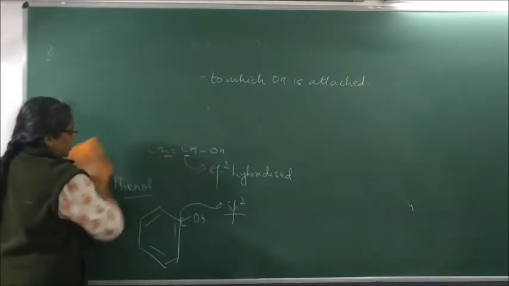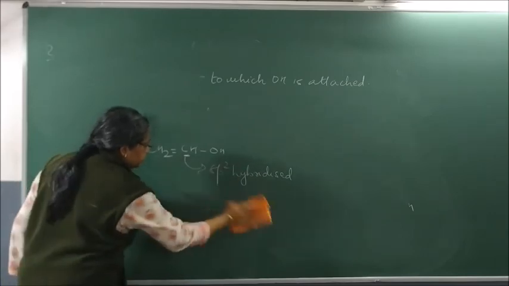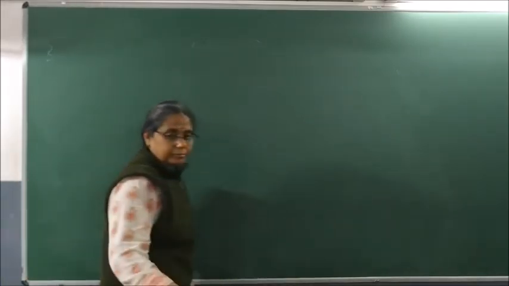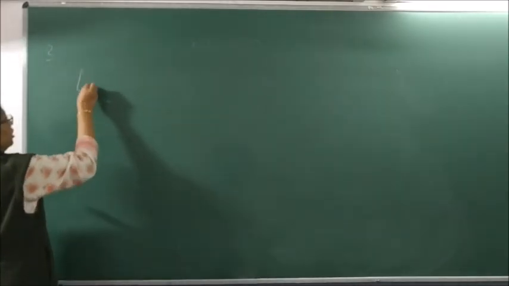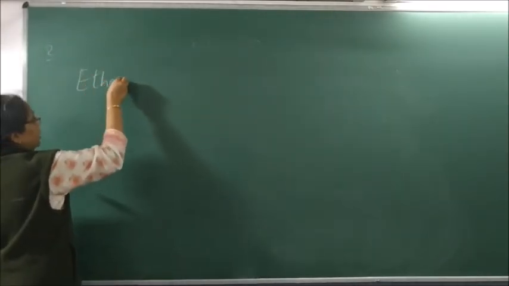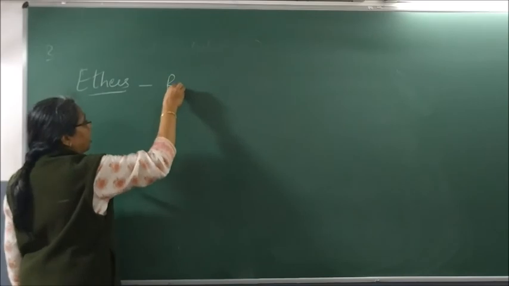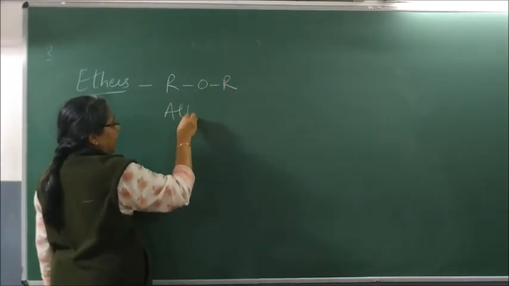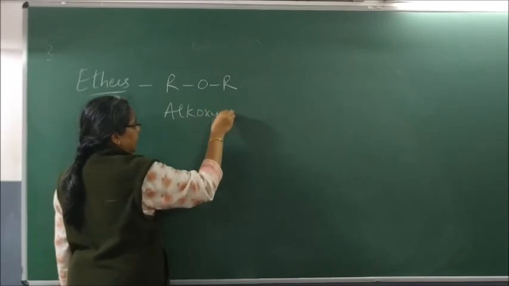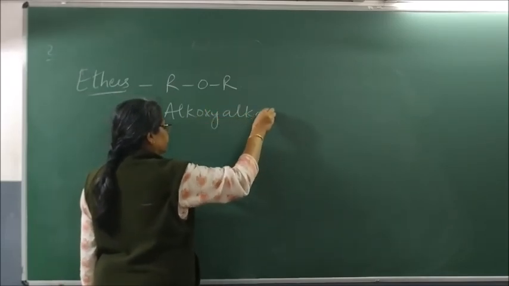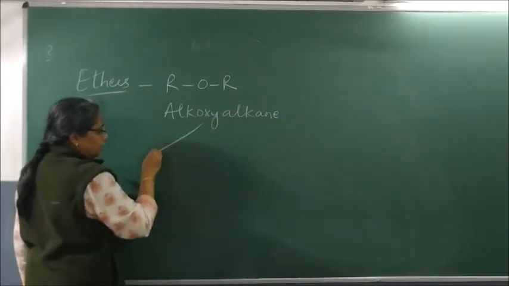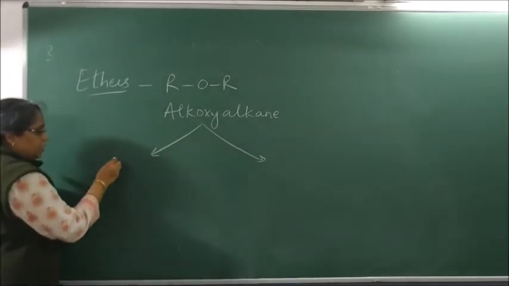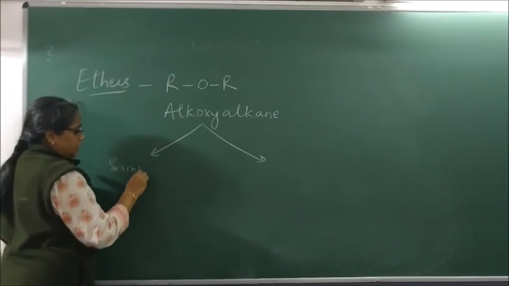Now write ethers. Write the heading ethers. When we talk about ethers, ethers are ROR. They are named as alkoxy-alkane. They are classified into 2 types: simple ethers and mixed ethers.